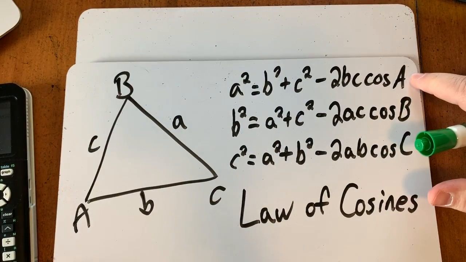But instead, to find angle A, I'm going to use the law of cosines again. I'm going to use this version right here.